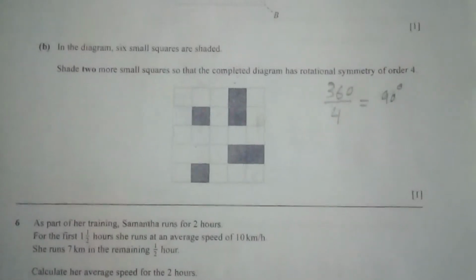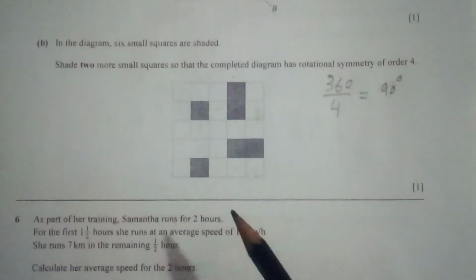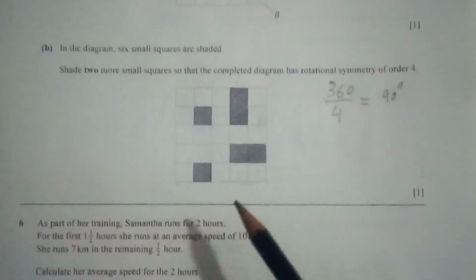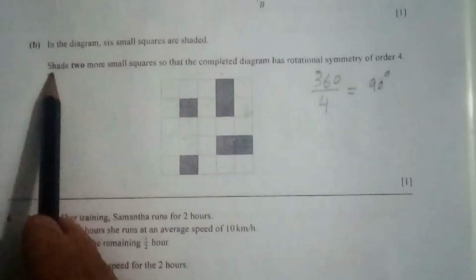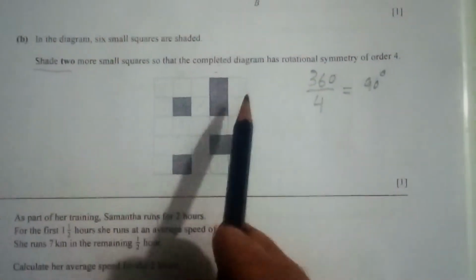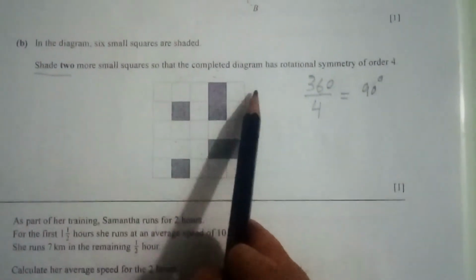It means that at every 90 degree turn this figure will look the same. So to attain that rotational symmetry, we have to shade two more squares, as mentioned in the question. So let's first look at the outer border of this figure.